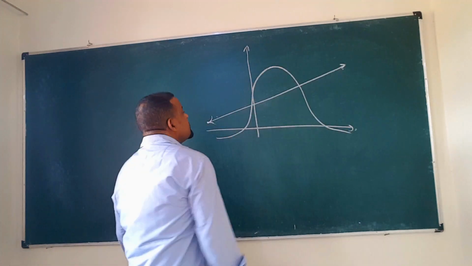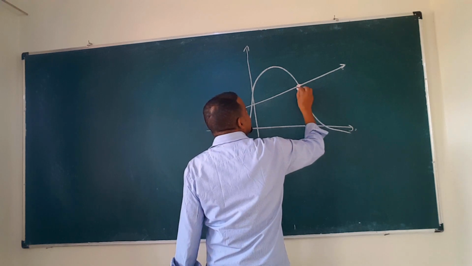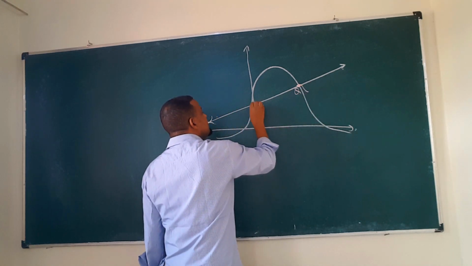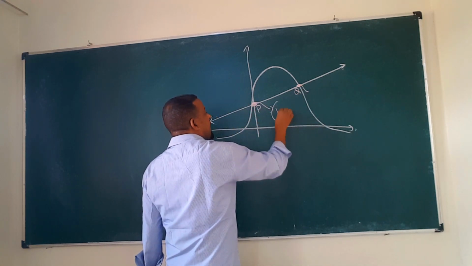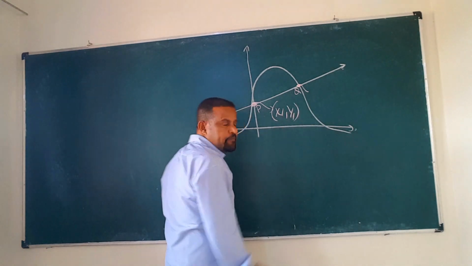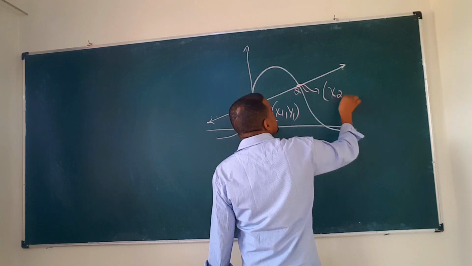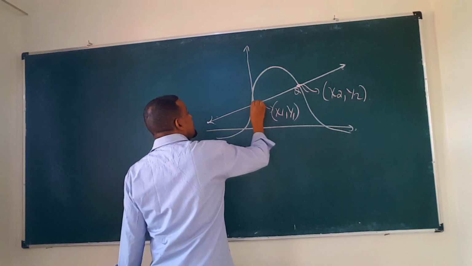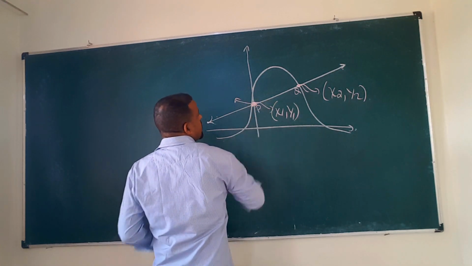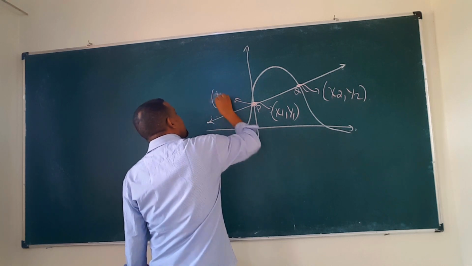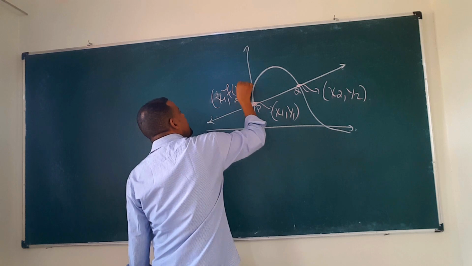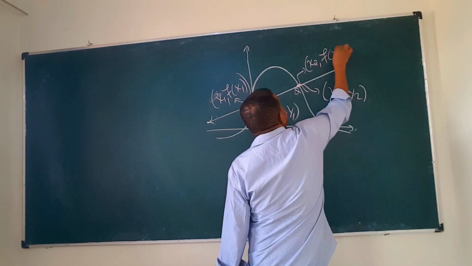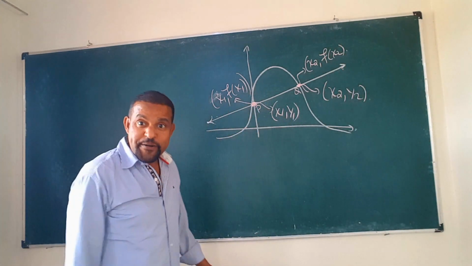Let's consider this secant line passing through the points P and Q. Here point ማለት ለምሳሌ x1 y1 ቢሆን ይሄኛው ፖይንት ደግሞ x2 y2 ይሆናል ማለት ልብ አድርጉ። Suppose this point is x1 f of x1 and this point is x2 f of x2.